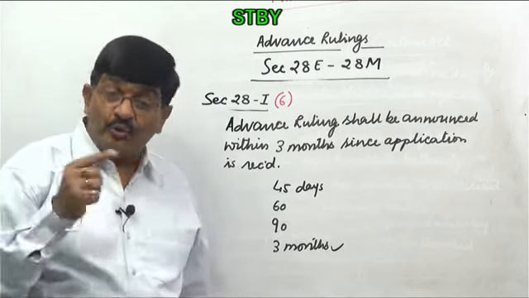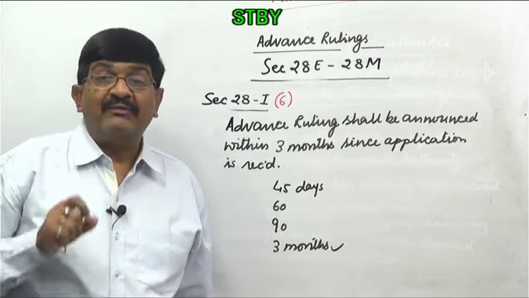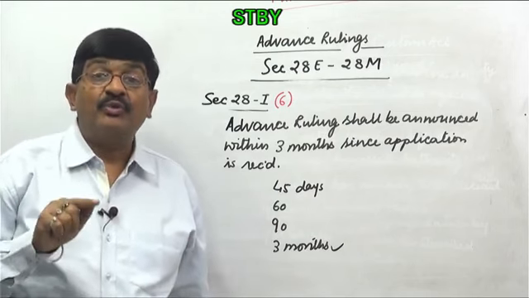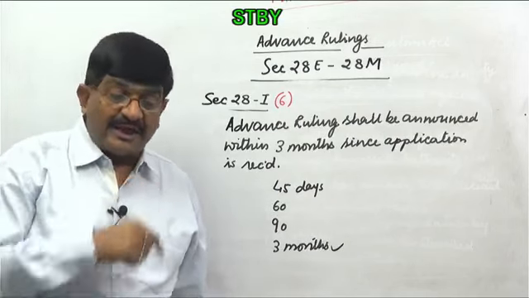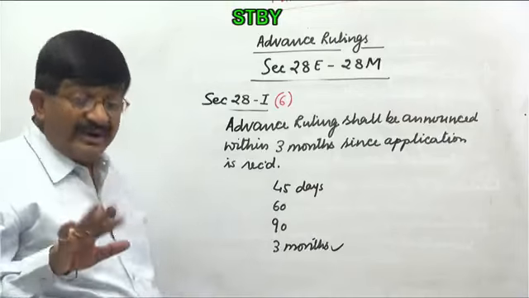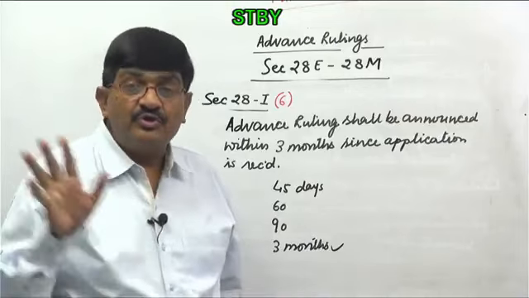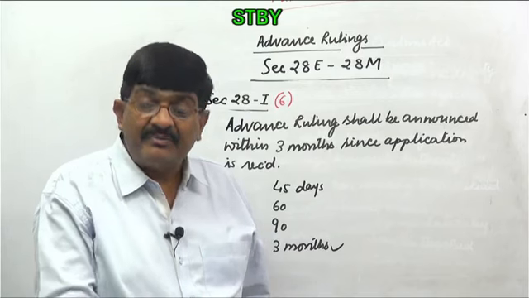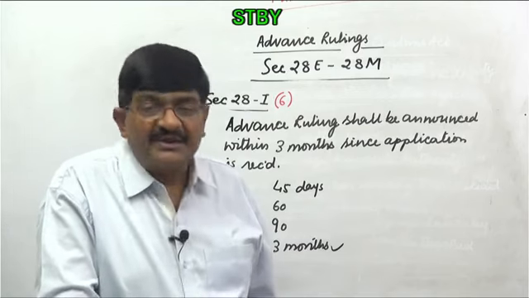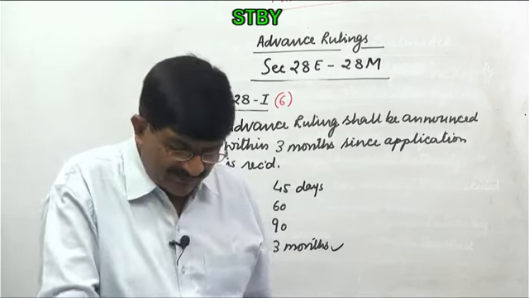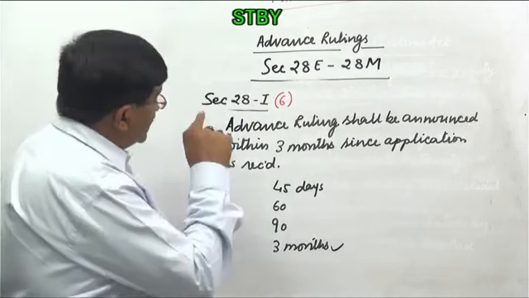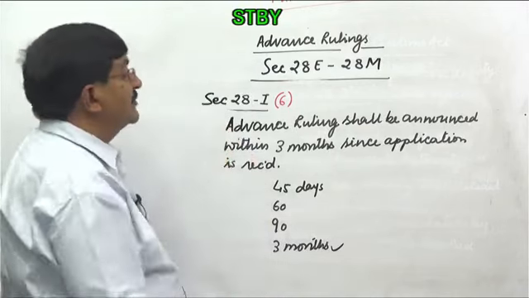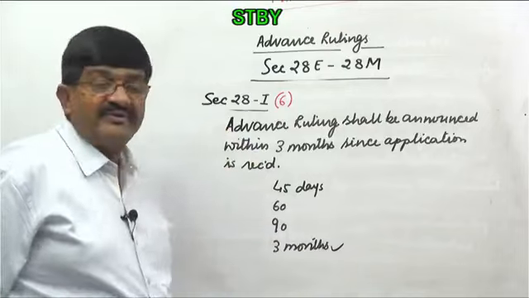And that is what I've been doing everything on the board, so that you have every minor and finer points noted in your notebook. So this will help you to revise, right? So only practicing MCQs is not going to serve any purpose for you. Understanding the law is going to help you in every way. Okay. Anyway, so this advance ruling shall be announced within 3 months since application is received.